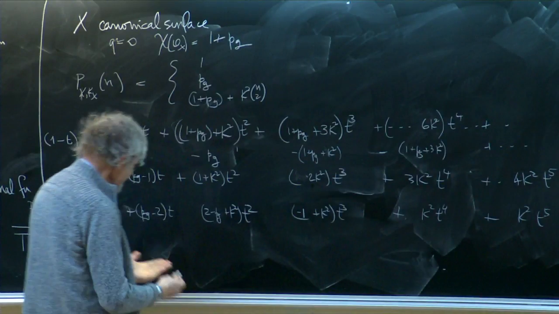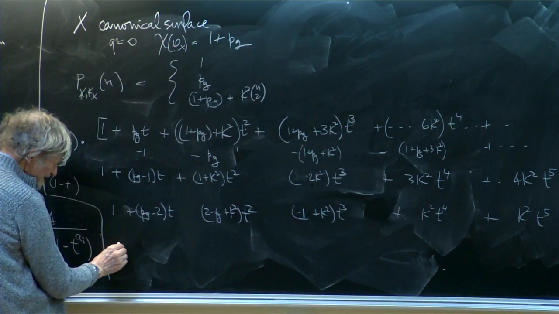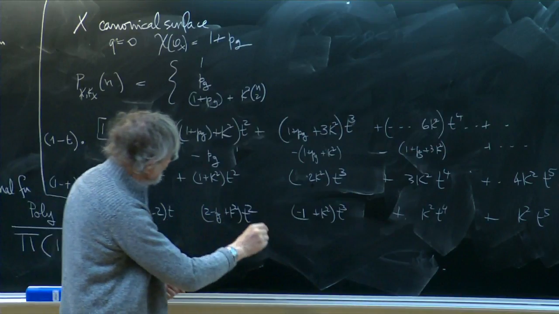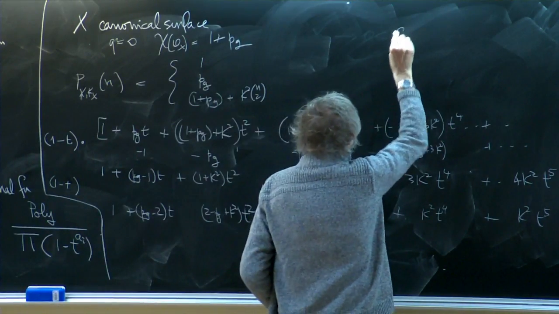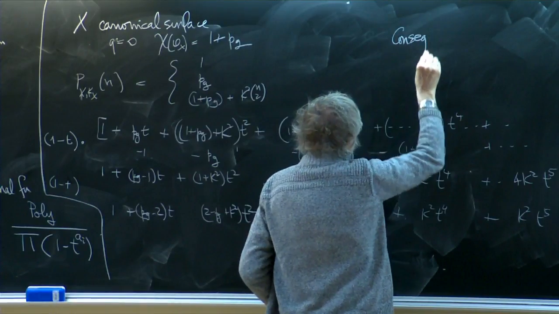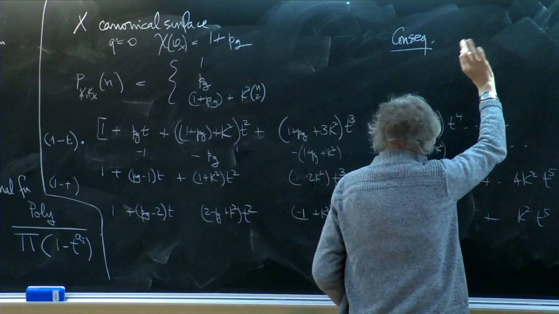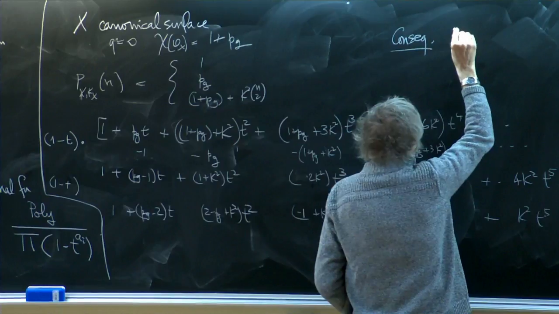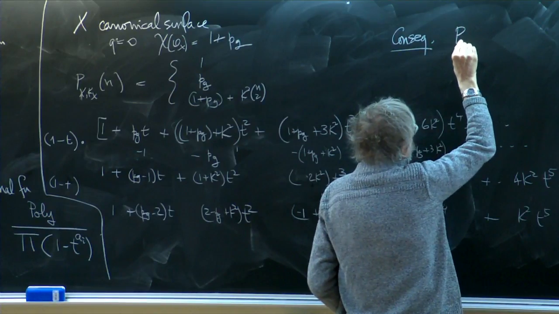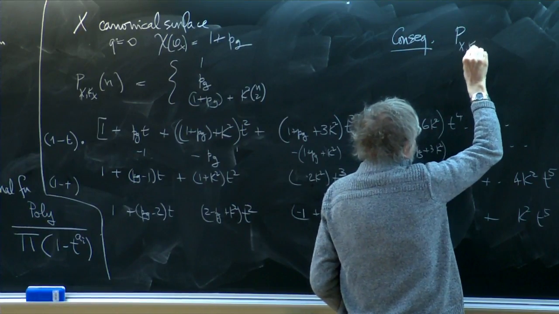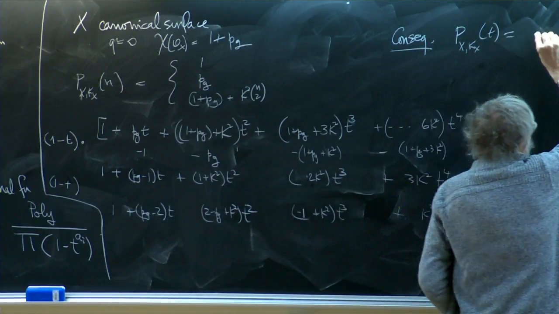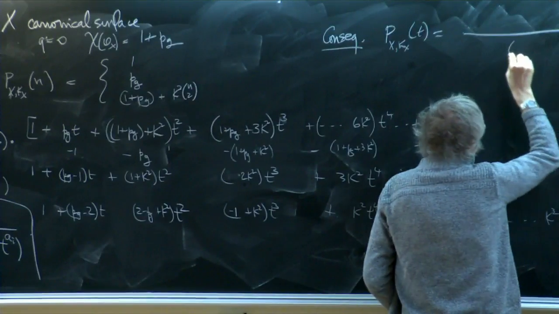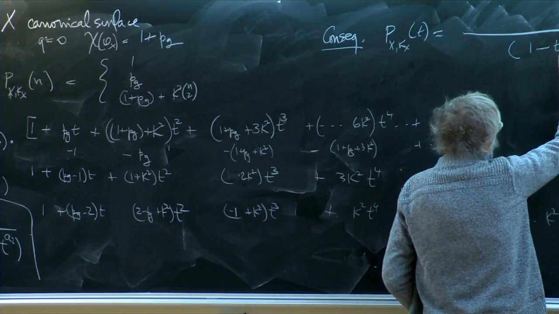And now if I do it again, the consequence, and you should do this as a serious calculation, is that P_x,kx of t is over 1 minus t all cubed.